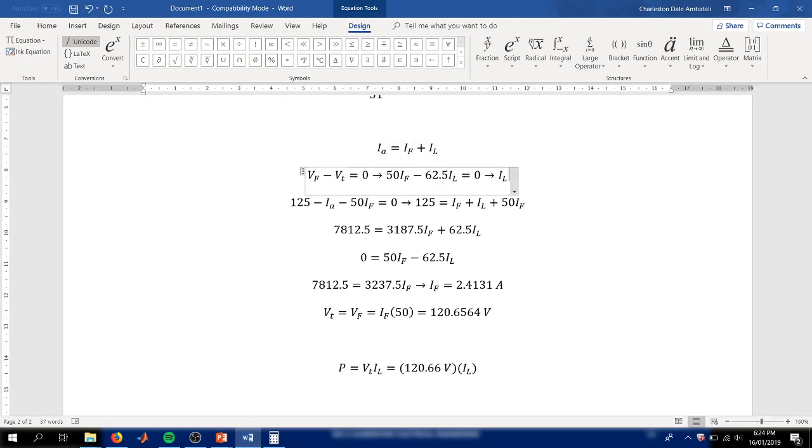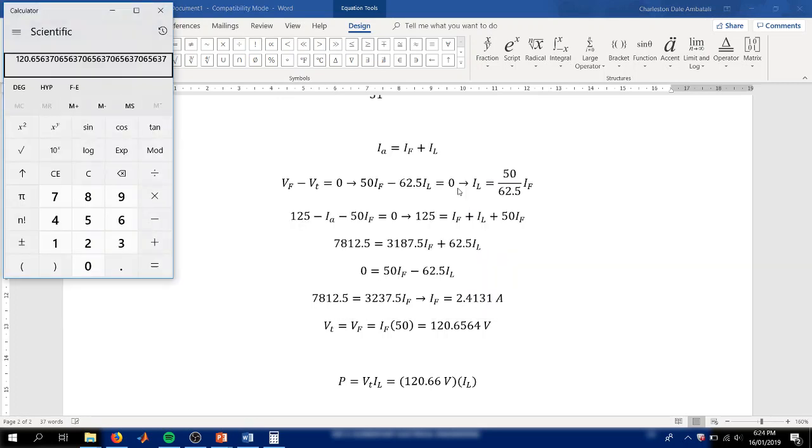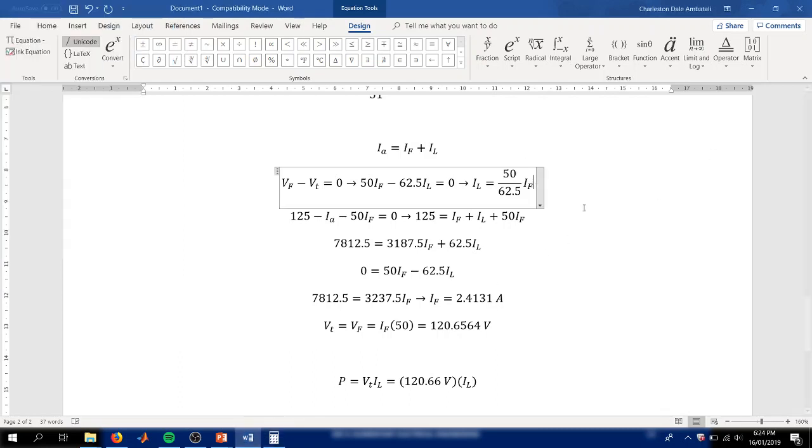So IL in this case is equal to 50 over 62.5 times IF. So we can calculate that: 50 divided by 62.5 times 2.4131 is 1.9305.